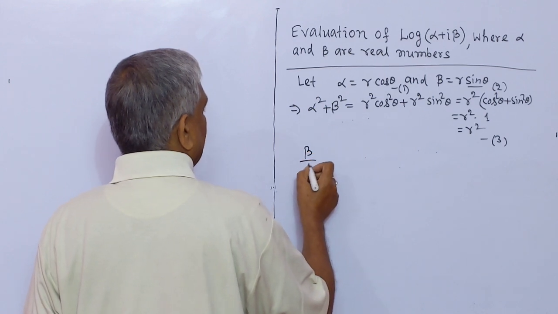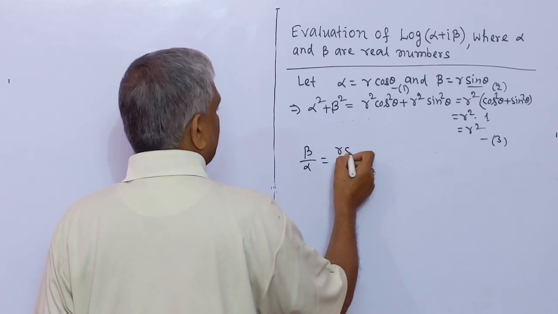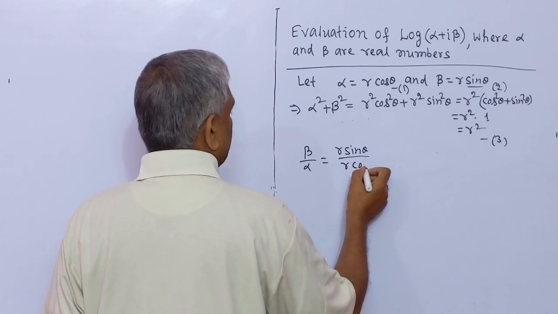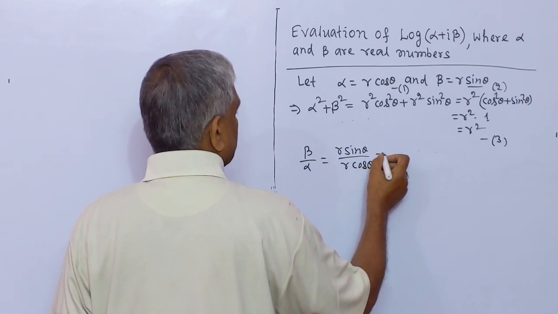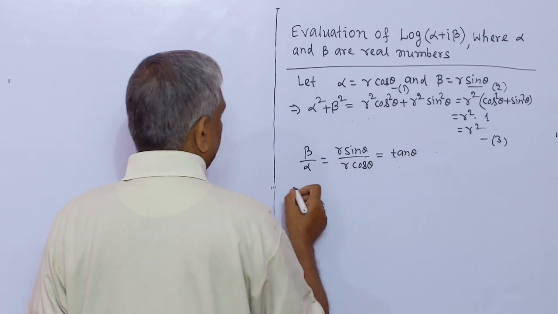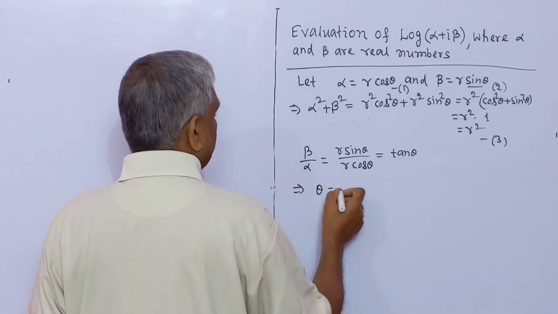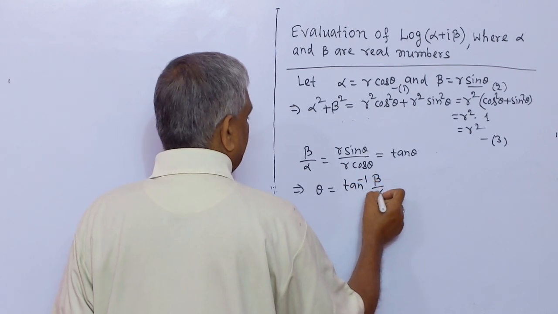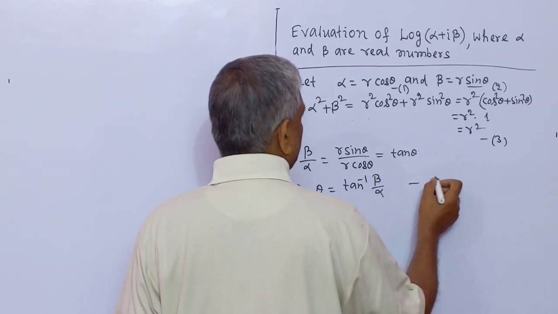This is number 1, this is number 2, this is number 3. Beta by alpha equal to r sin theta by r cos theta, equal to tan theta, which implies that theta equal to tan inverse beta by alpha. This is number 4.